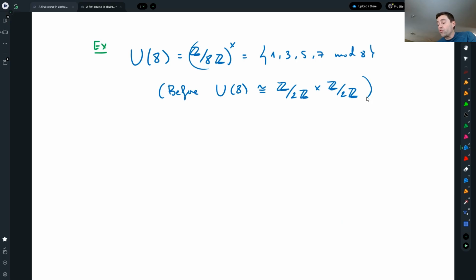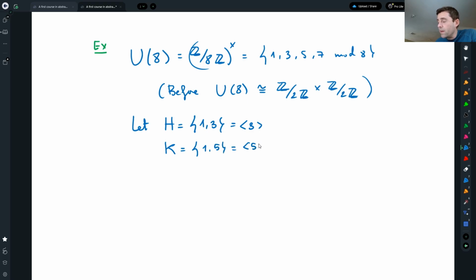So what I want is to try to realize U8 as a direct product of two subgroups. So now I'm going to let H be the subgroup {1, 3}. I know this is a subgroup because it's the subgroup generated by 3. And let K be the subgroup generated by 5. These are subgroups.